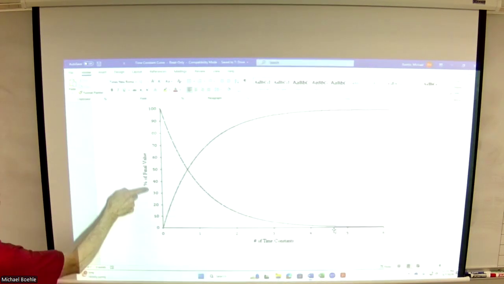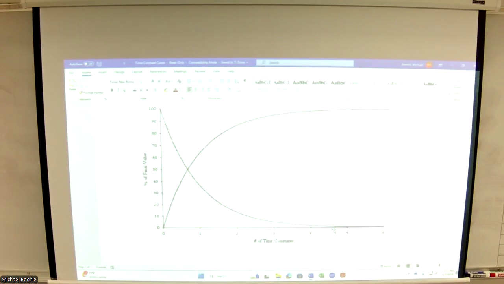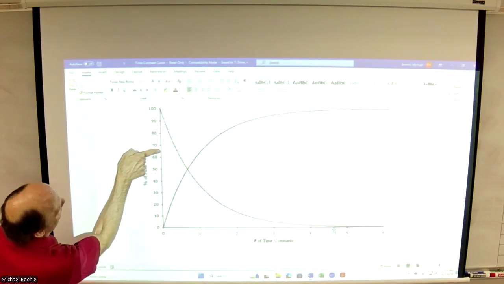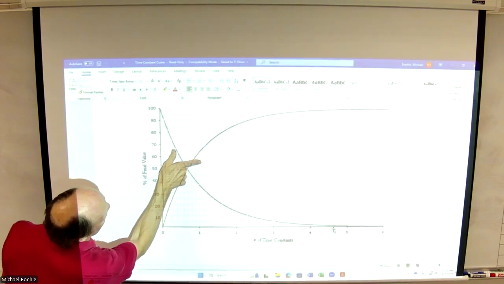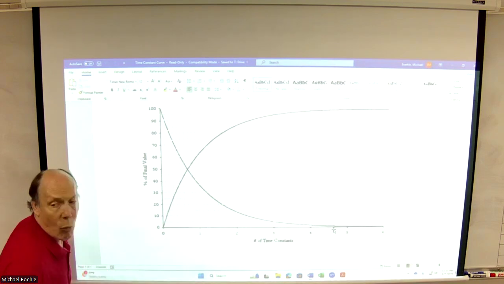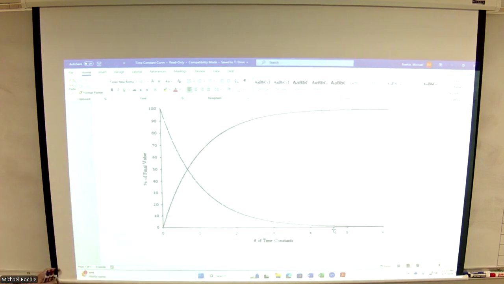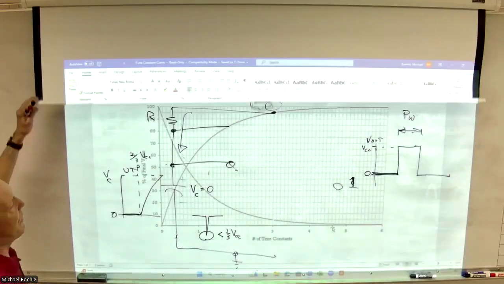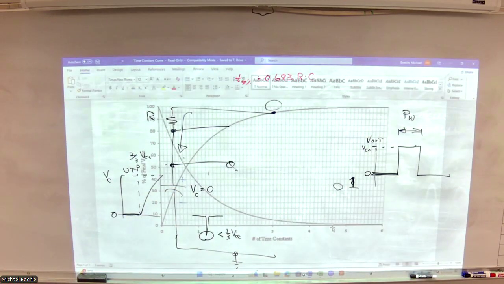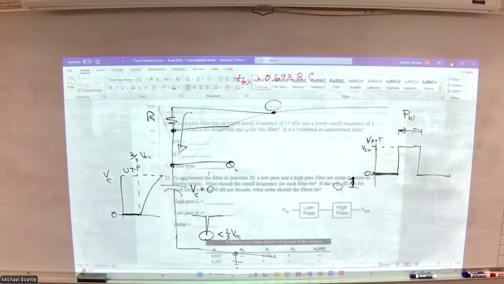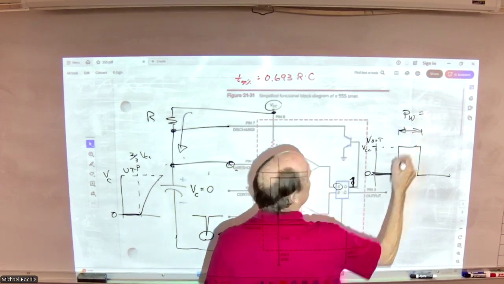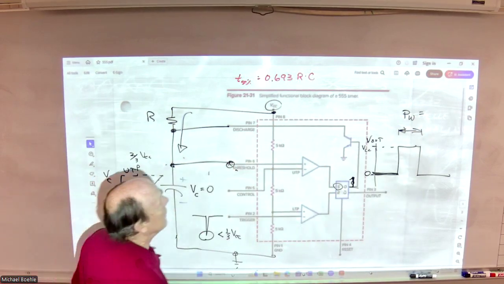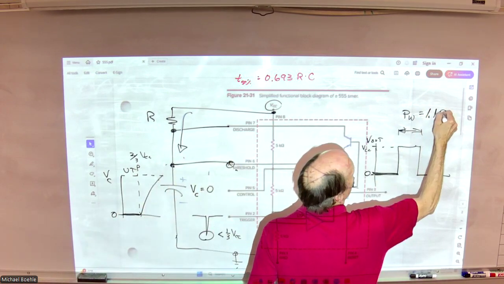We're going to go from 0 to 2/3, which is 66 point, lots of sixes, about there. That takes about 1.1 time constants. So my pulse width ends up being RC, which is the time constant, times 1.1.